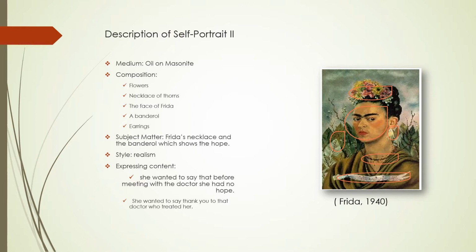The reason is that on the necklace there is blood, which shows that she was suffering, and the banderole shows that she wanted to send it to the doctor in order to thank him as he was treating her, as I said when talking about the composition.